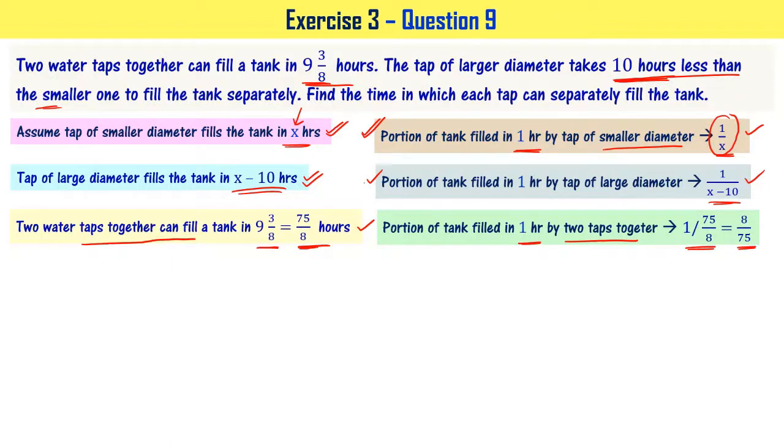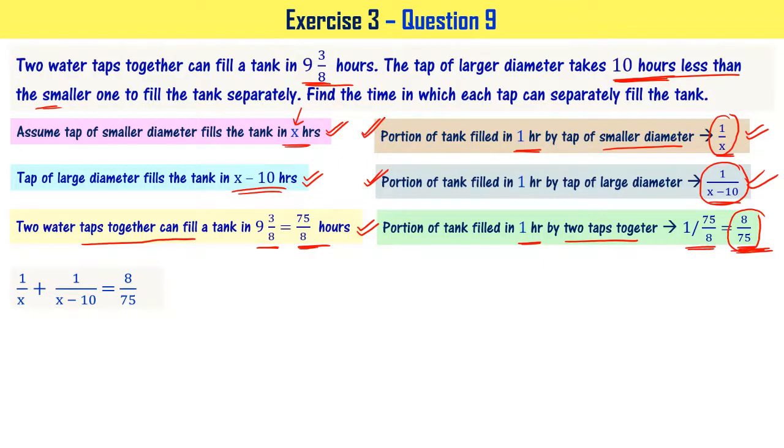Tap 2 is running, it can fill 1/(X minus 10) portion of the tank. If the two are running together, they are going to fill 8/75 portion of the tank. So this can be related. That's why I have written 1/X plus 1/(X minus 10) equal to 8/75.